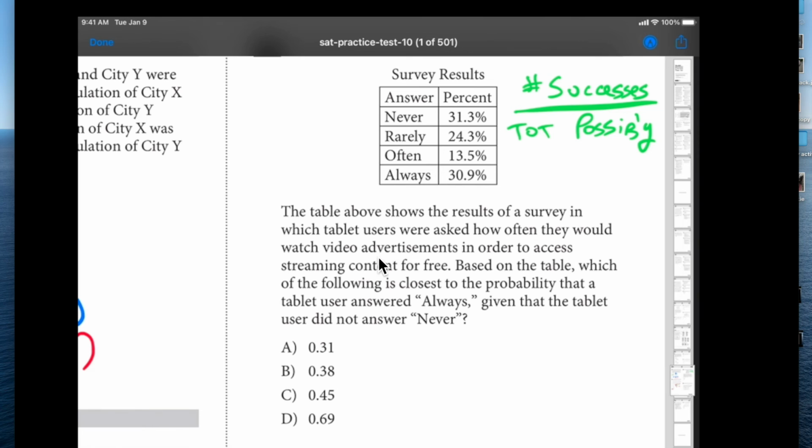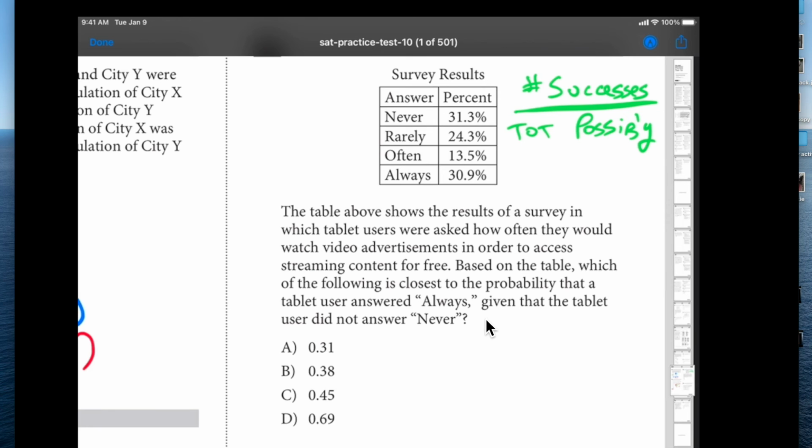The table shows a survey in which tablet users were asked how often they watch video in order to get content for free. Based on the table, which is the closest to the probability, okay, that gives me the license to round off, that a tablet user answered always, given that they did not answer never.